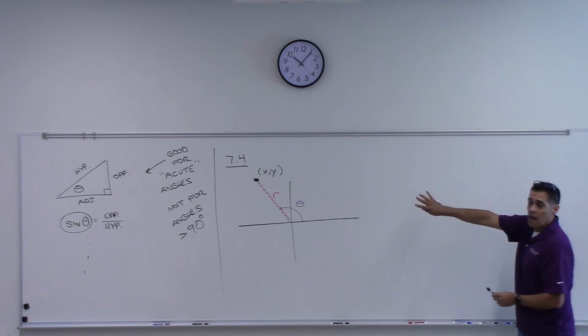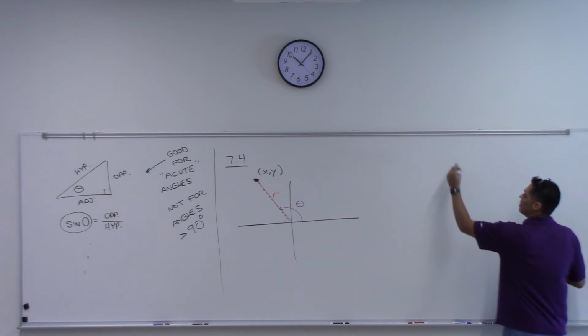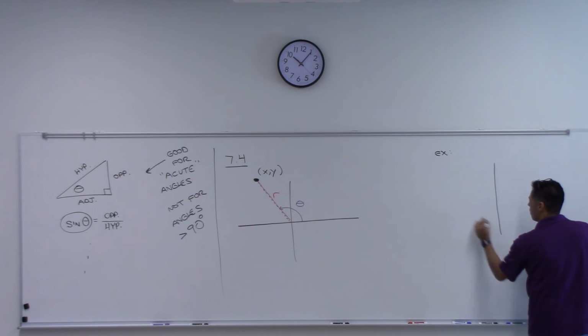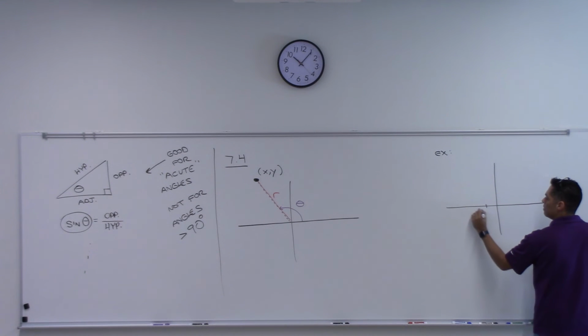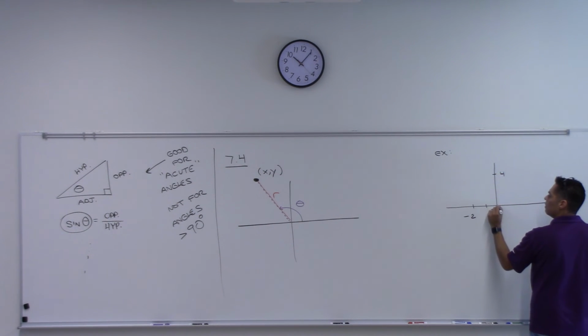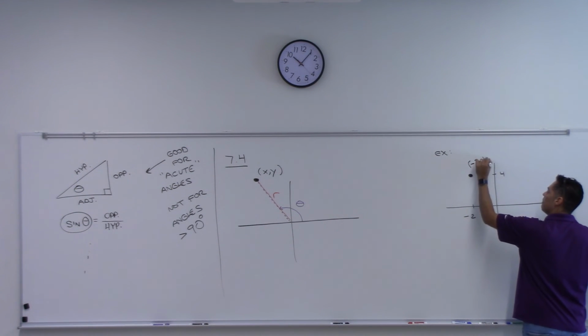While I've got that up over here, I'm going to give us a specific example next to it so you can kind of see this with real numbers. So as an example, let's say we took the point -2, 4. Right there. That point, -2, 4.